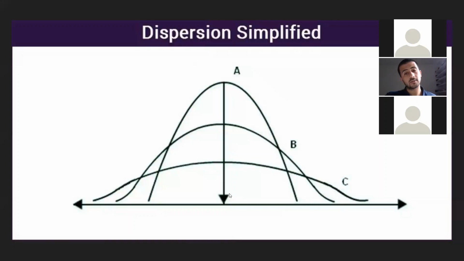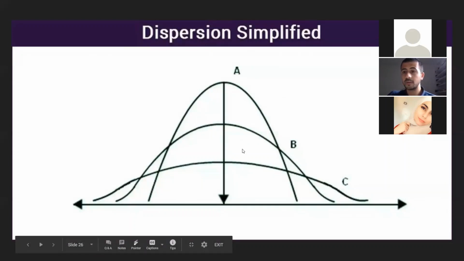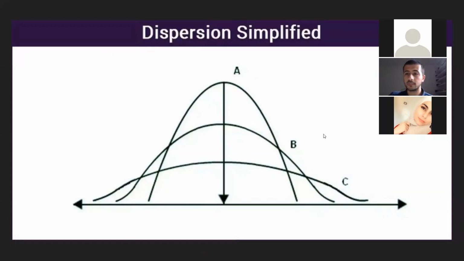Do you agree or not? Please just tell me. Yes. Okay. If you agree, do you agree that the three of them are normal distributions? No. Okay. Then what is the difference between them now?